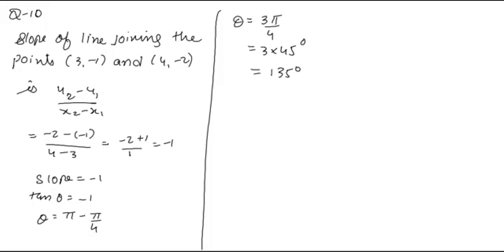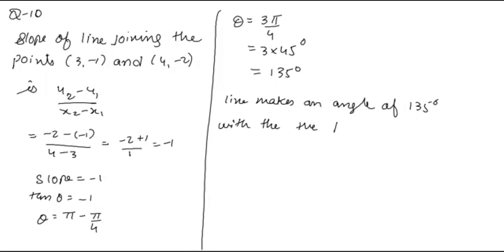Means the line makes an angle of 135 degrees with the positive direction of the x-axis. If you are interested in finding the angle that this line makes with the negative direction of the x-axis, then it will be supplementary.